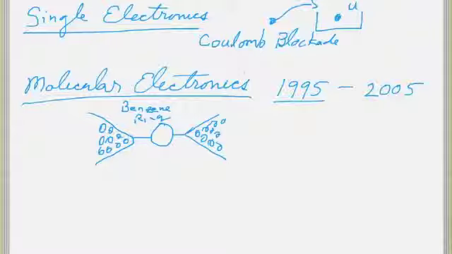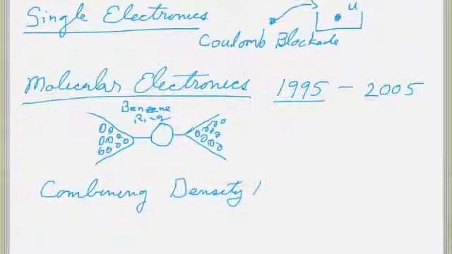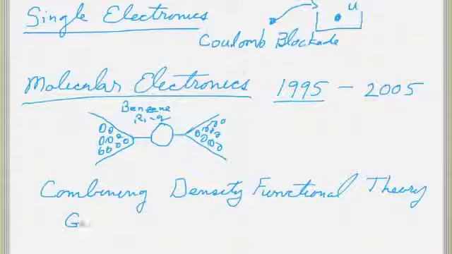So during the molecular electronics era, what people had to do, really pretty much seriously for the first time, was combine your density functional theory codes such as Gaussian, which is a quantum chemistry code, or SIESTA, anything that was a localized orbital density functional theory code.